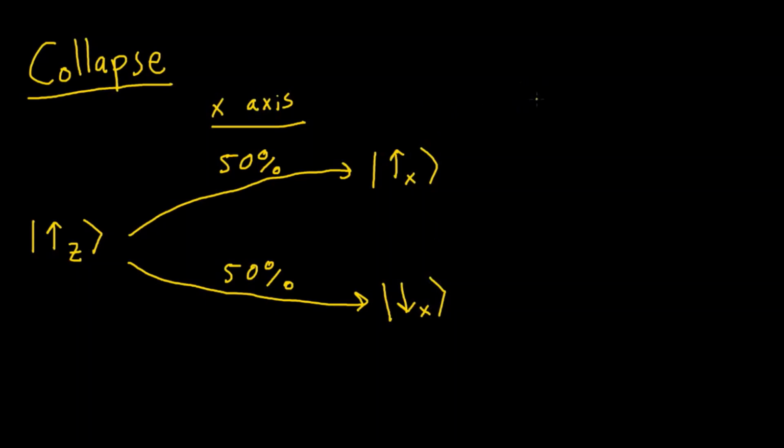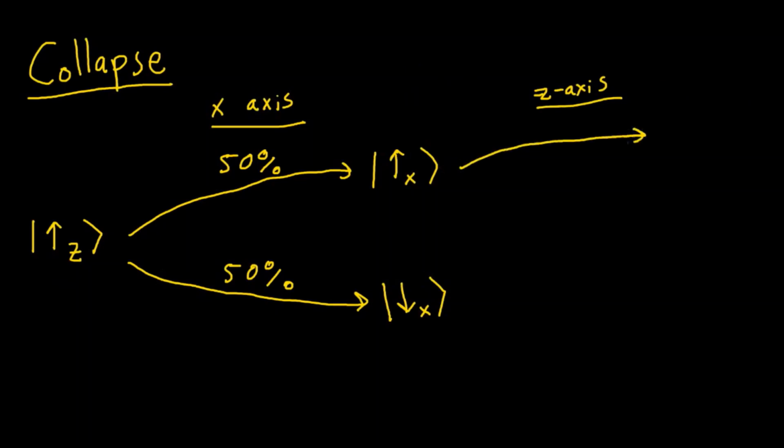But now let's say after you measure it along the x-axis, you then measure it along the z-axis. Remember that originally, if you had just measured this along the z-axis, 100% of the time you would have found that it was spin up.